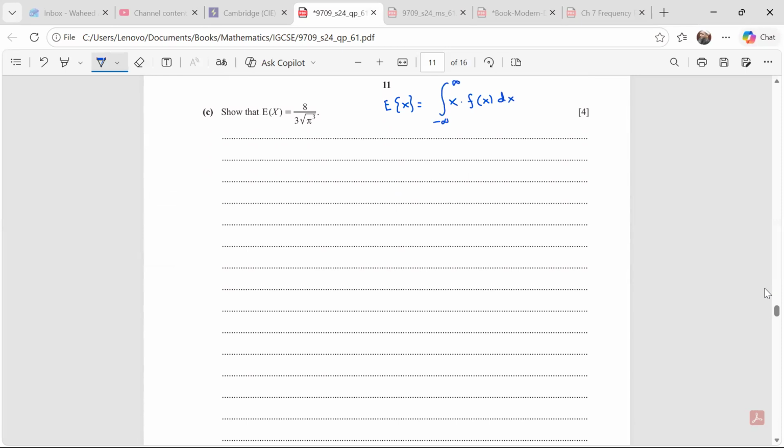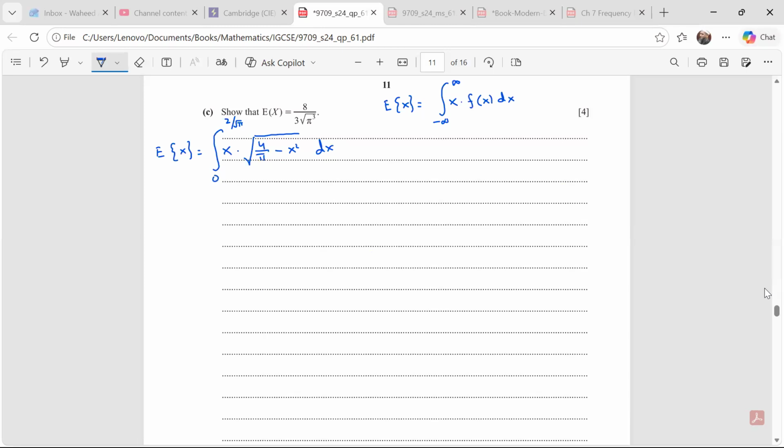So in our case, the expected value of x is going to be x into f(x), which is the root of 4 over pi minus x squared, into dx, and we need to integrate it from 0 to a, and a is again 2 over root pi. So we need to evaluate this expression.